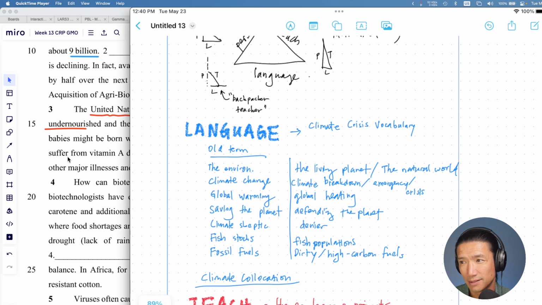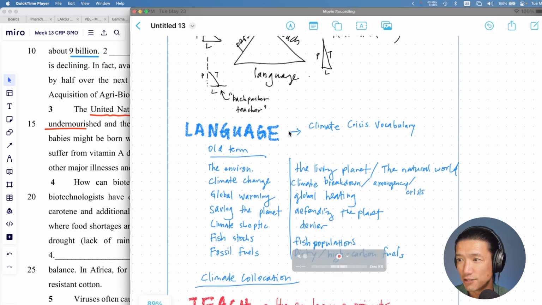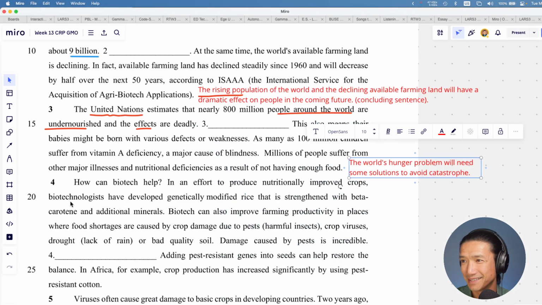Saving the planet, defending the planet. A climate skeptic? No, it's a denier. Fish stocks become fish populations, and fossil fuels become dirty fuels or high carbon fuels. These are neutral words that we use to not offend people, you know? And some people are offended by these ideas. I don't know why.